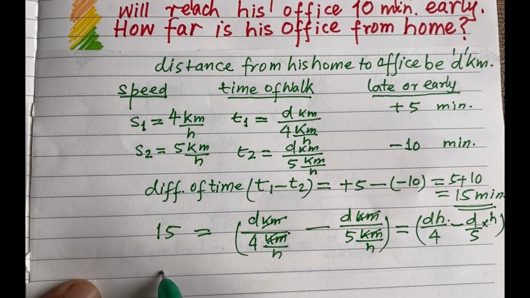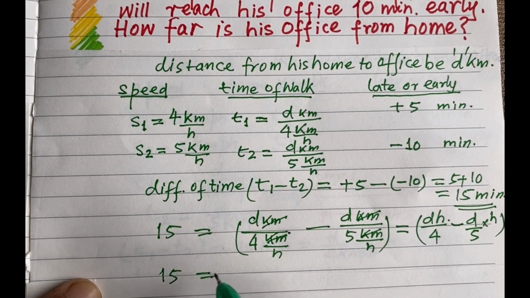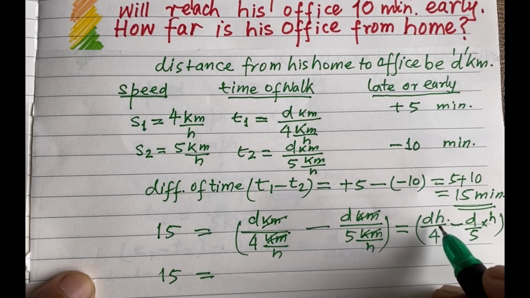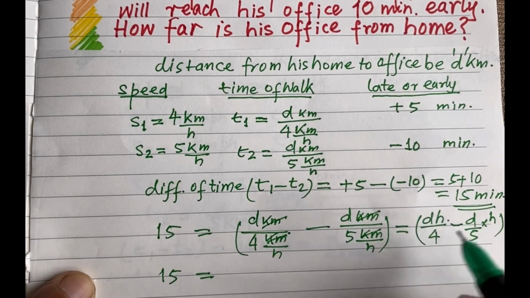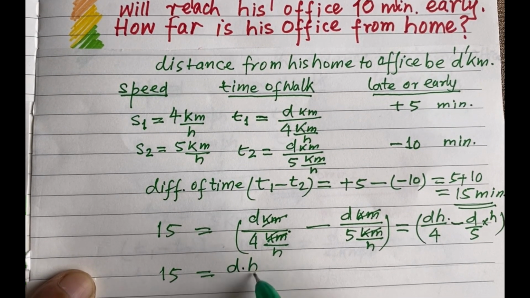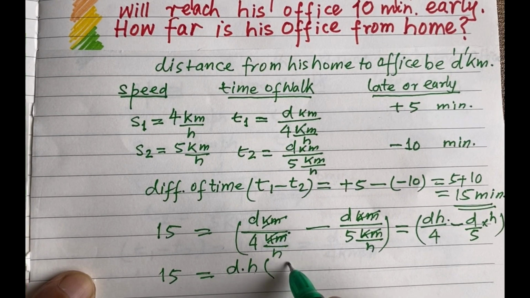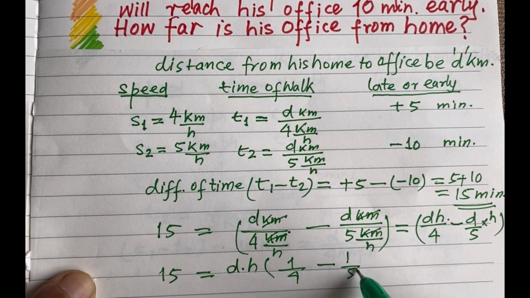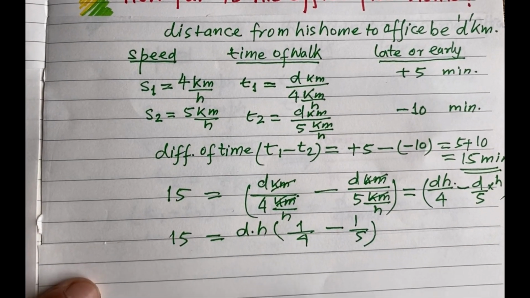Hence 15 minutes becomes, we take out d hours here, d into h. So in the bracket we get 1 upon 4 minus 1 upon 5. Alright.